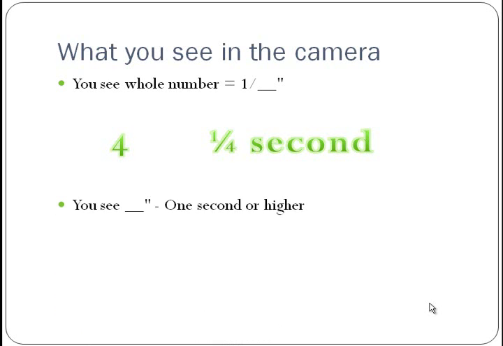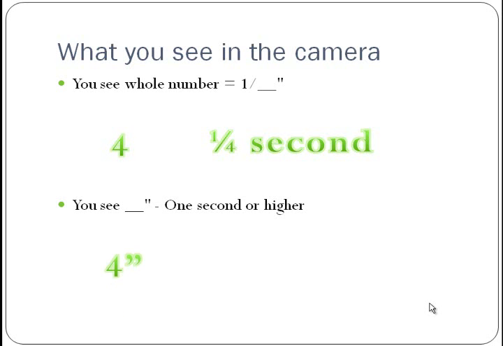If you see in your camera a number with a quotation mark symbol, which also stands for seconds, it's going to be 1 second or higher. So if I see a number in my camera that says 1 and then the quotation mark symbol, also known as the second symbol, if anybody types legal descriptions out there, you know that they use the quotation mark for seconds in legal descriptions also.